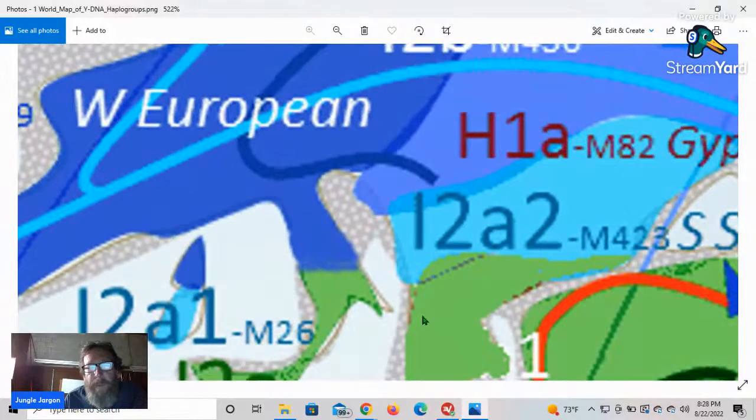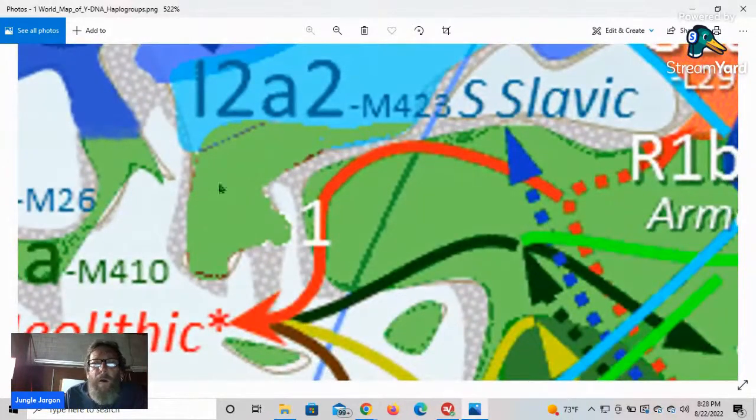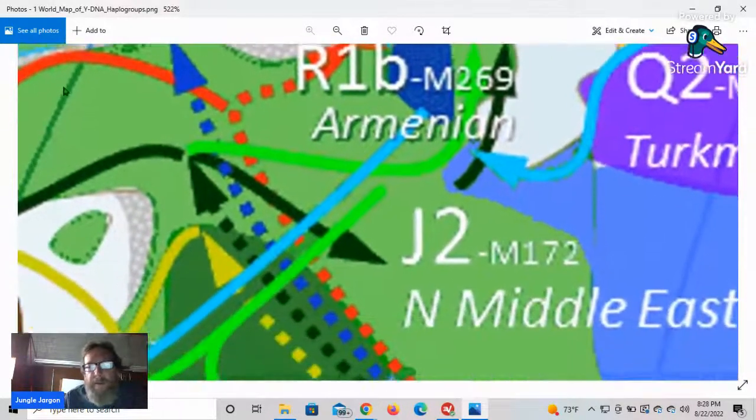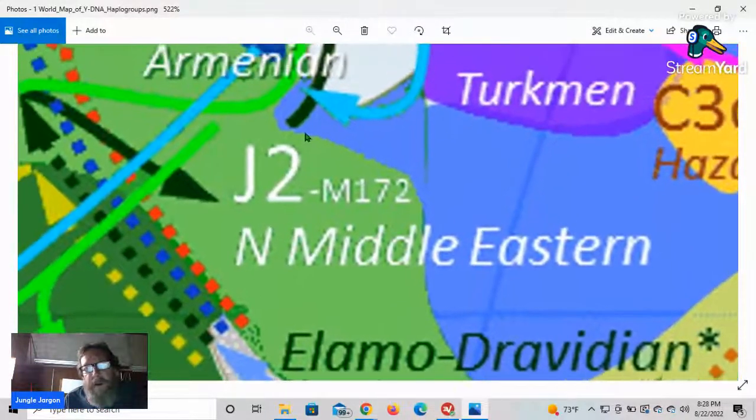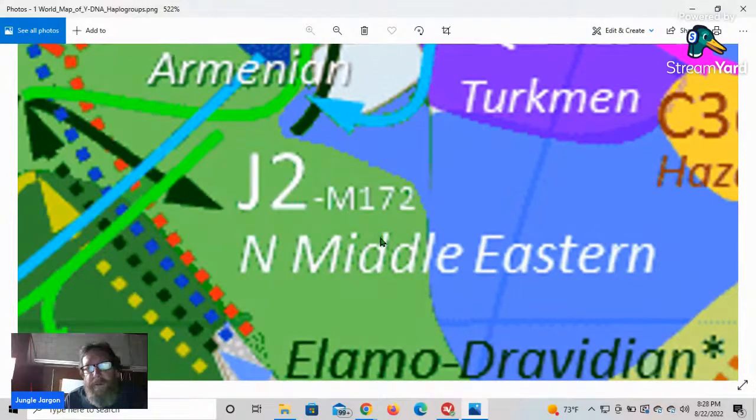I don't know. But anyways, the major population, of course, in both the Sephardic populations and the Ashkenazi Jews is J2, which is almost entirely strictly Judah, because that's the only thing that was left of Israel was Judah.